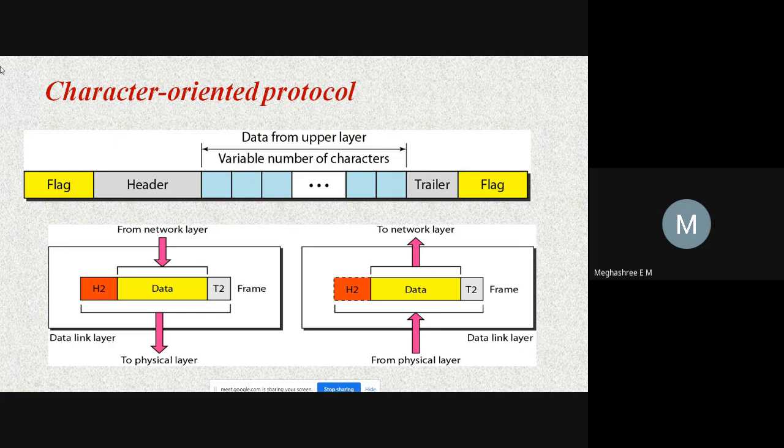Now this flag represents the beginning of the frame, and this flag represents the end of the frame. The data after the header and before the trailer, we call it data. And as I said, it is a variable size framing, so the data present here will be of variable size.